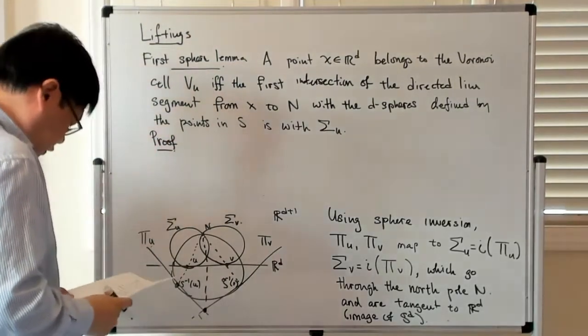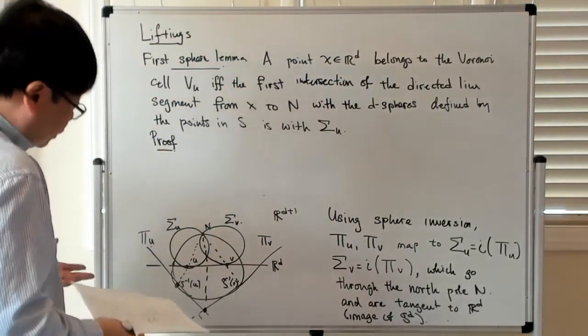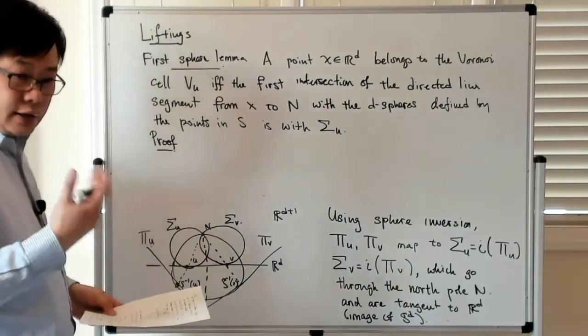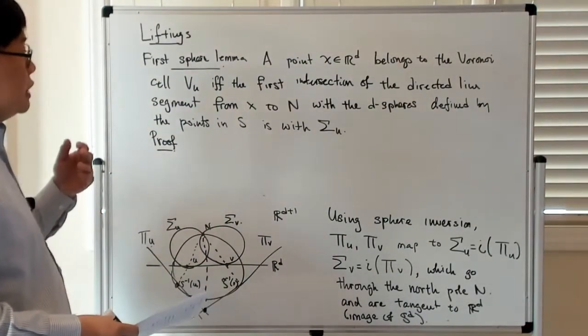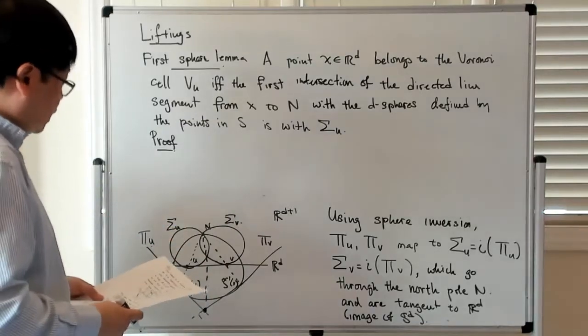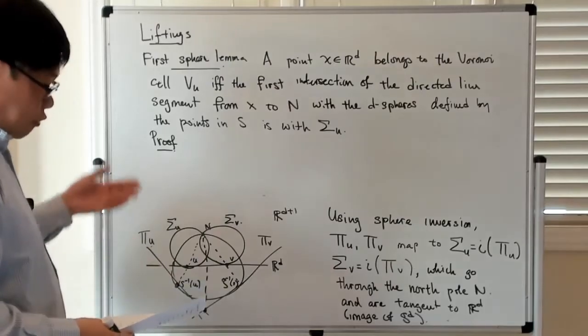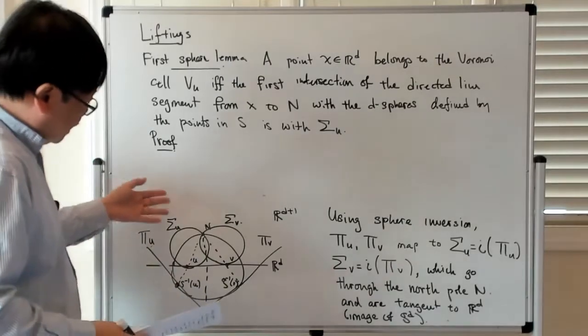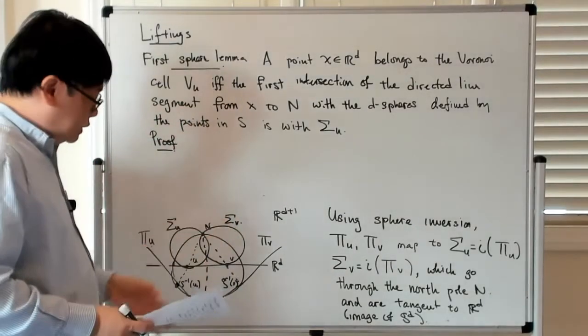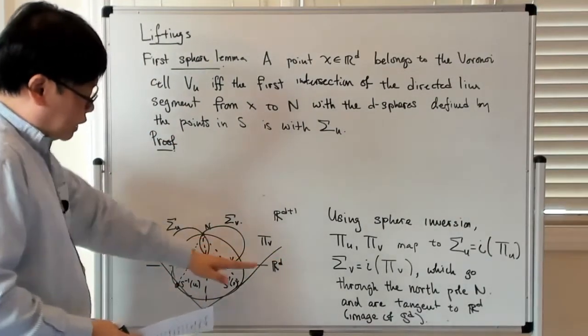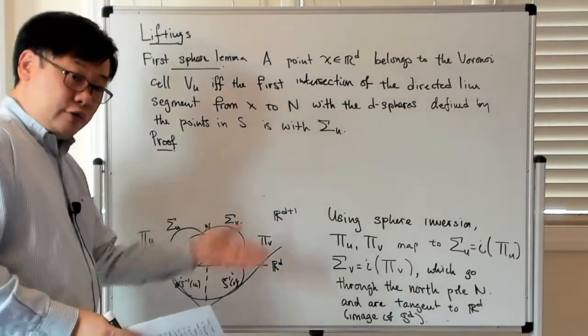So the proof is as follows. You can interpret these pi u and pi v's as weighted points in the sense of these weighted Voronoi duals. What's going to happen is that the weighted Voronoi cells in this higher dimensional space, d plus 1 dimensional space, intersect RD to give the usual Voronoi cells.